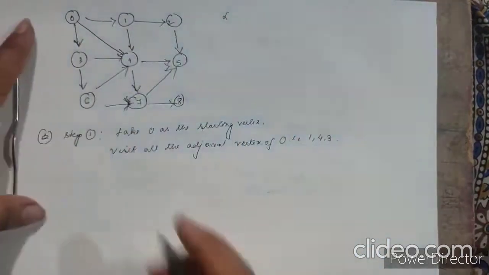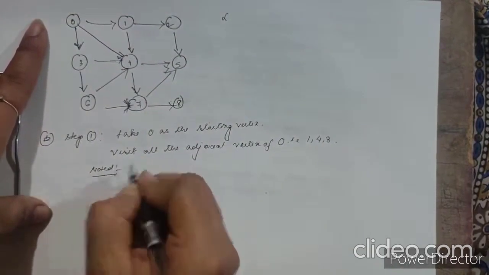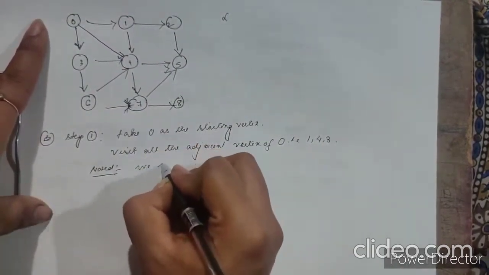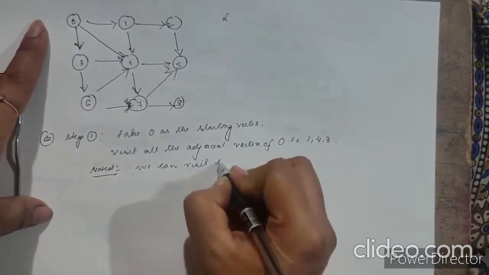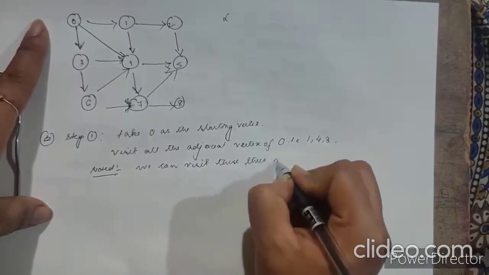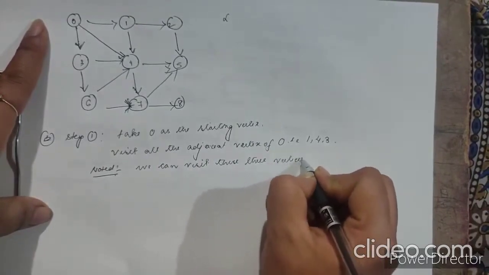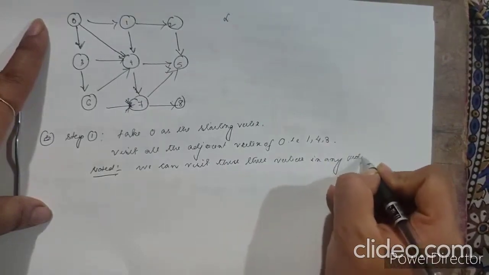This is a point to be noted: we can visit these 3 vertices in any order.